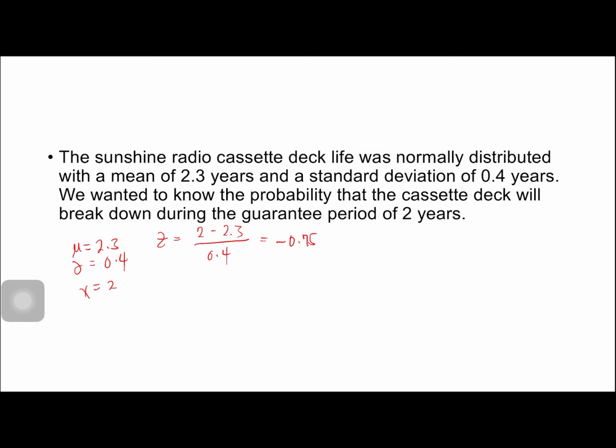So that gives us negative 0.75. Okay? So we have here our normal curve. Okay? Negative 0.75 is located at the left. Okay? So, we wanted to know the probability that the cassette deck will break down during the guarantee period of 2 years. Okay?